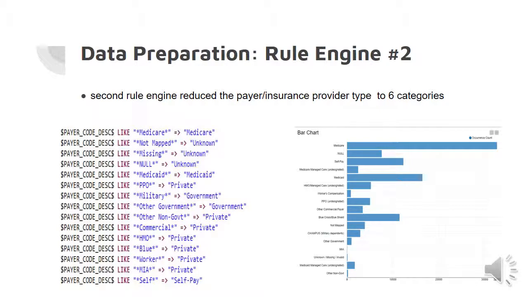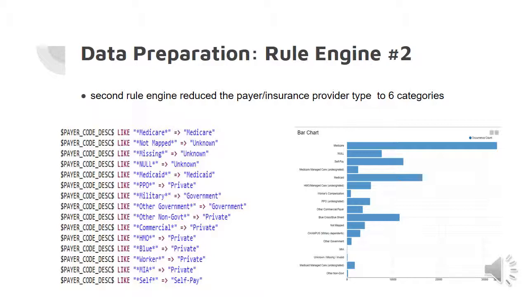Rule engine number 2. The second rule engine we used was applied against the pair code / insurance variable. It basically conveys the type of insurance or payment the customer used for their encounter visit. We had 15 different categories, and we pared them down to 6 categories.